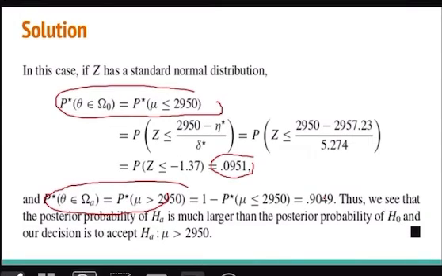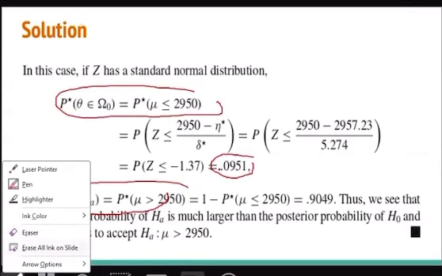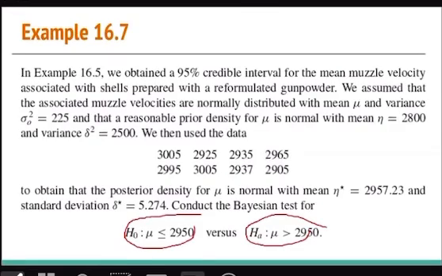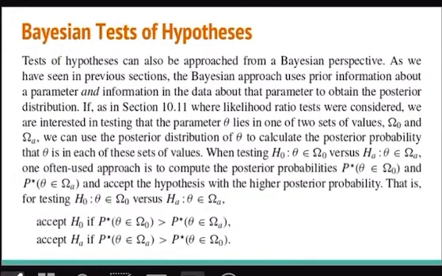Now, what do I have right now? I'm going to compare two probabilities, one here and one here. The first one is for the null, and the other one is for the alternative. Take a look at this. We've got a decision rule. Do you see the decision rule? We accept H naught if the probability under the null is greater.